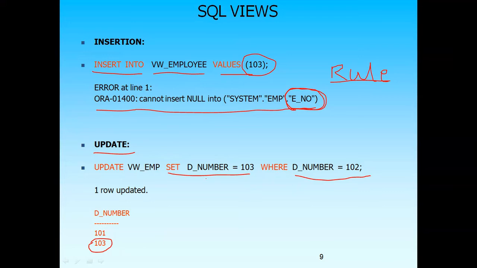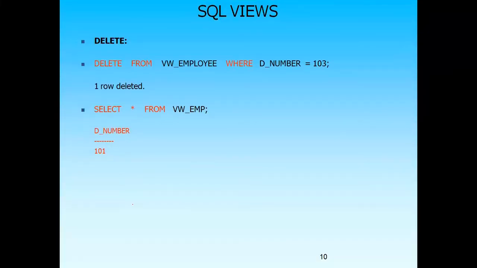This is working because the primary key is already associated with this record in the base table. I only want to change the D number from 102 to 103. So it will work, and the record will be updated in the base table and also in the view.